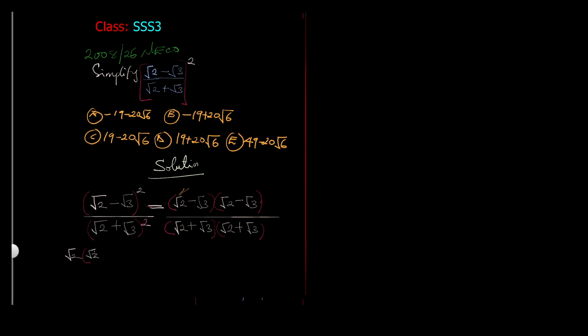So square root of 2, this bracket is what I'm writing, minus square root of 3. Okay. And we need to pick this one now: minus square root of 3 is going to multiply everything here. So we open it up and we write what is inside the bracket. That is square root.